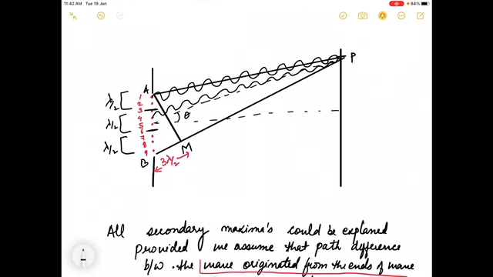So we can very clearly see lambda by 2, lambda by 2, lambda by 2. So from when your first wave is going from 1 and the second wave is going from the fourth, the path difference between them is lambda by 2, right? So lambda by 2 means destructive interference will happen, destructive interference will happen, yes or no?